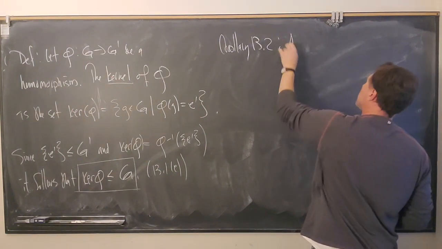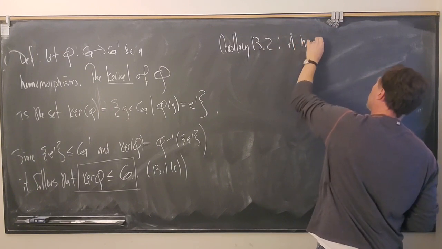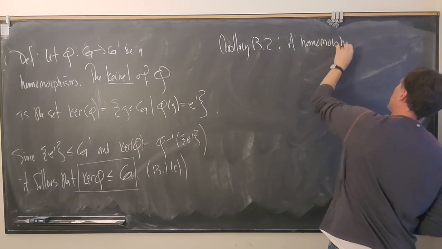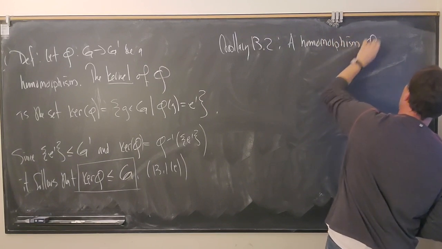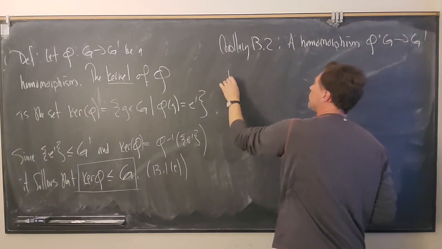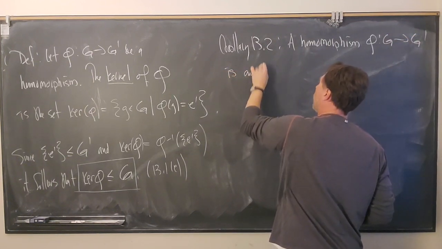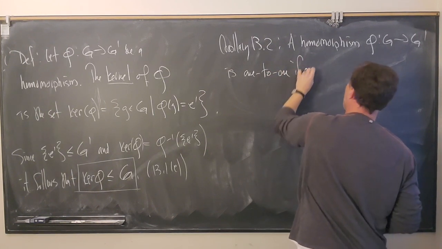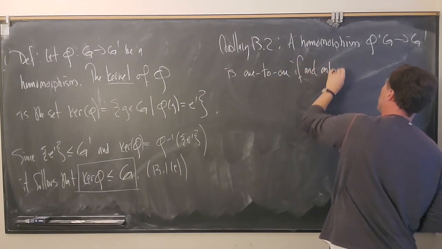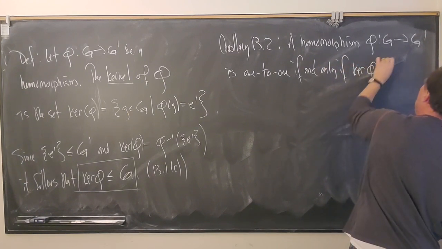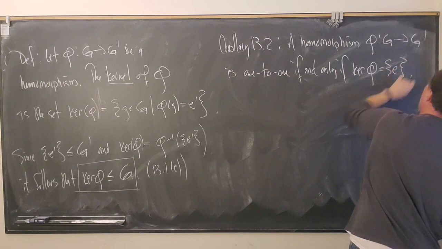A homomorphism phi from G to G prime is 1-to-1 if and only if the kernel of phi is trivial.